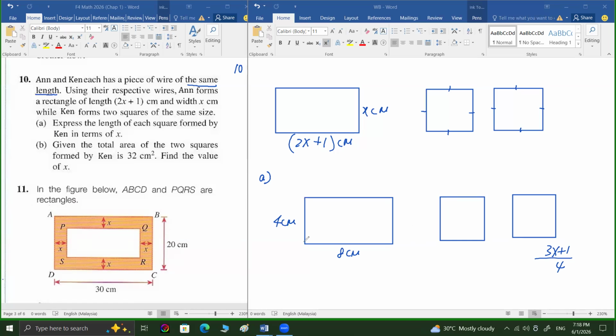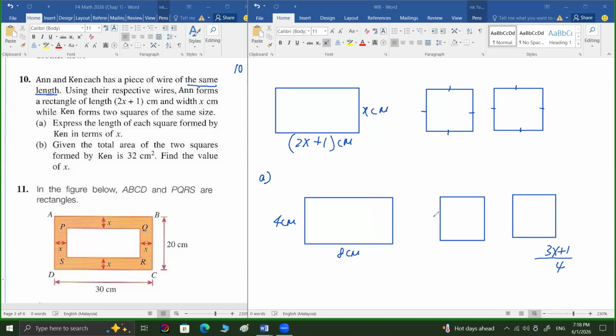Why 24? 4, 8, 4, 8. Is it 24 cm? Then your friend also has a wire of 24 cm, but he made it into two squares, right? Can you see the two squares? So, if 24 cm makes two squares, what is the length of one square?